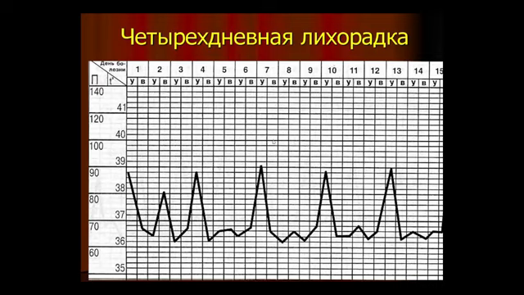Quartan malaria. The cycle is 72 hours. So from the start of one cycle to the start of the next cycle, 72 hours have passed. So the gap between febrile days is 2 days, not 1. Every 72 hours, on each 4th day.